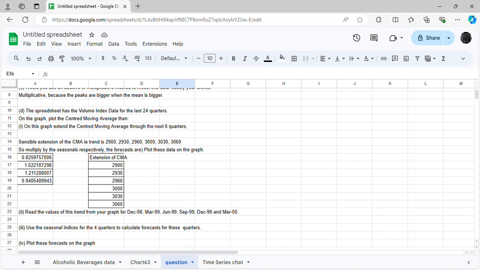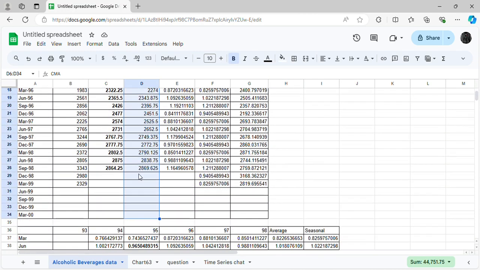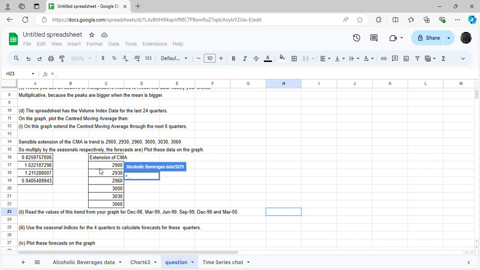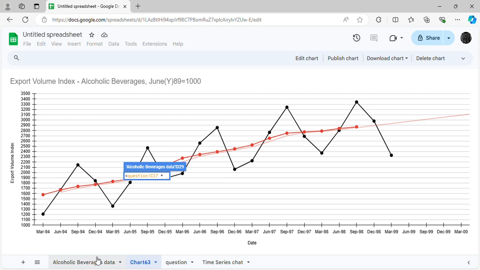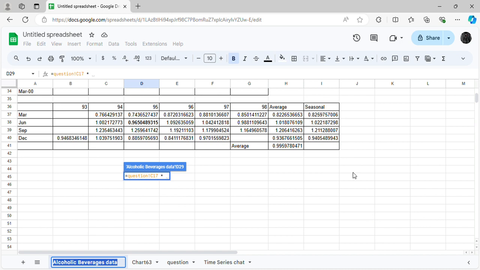So what we do, we go to the centered moving average column, and for December 1998, we put an equal sign, and that equals 2900, and multiply that by the seasonal value of December, which is 0.9405.